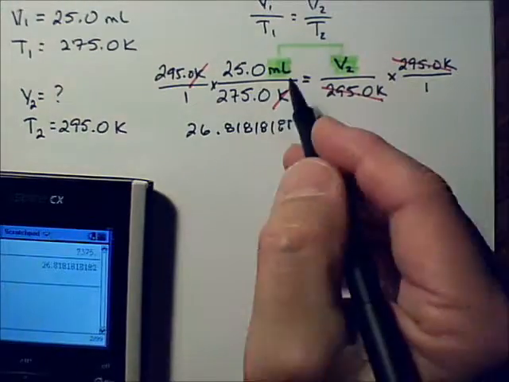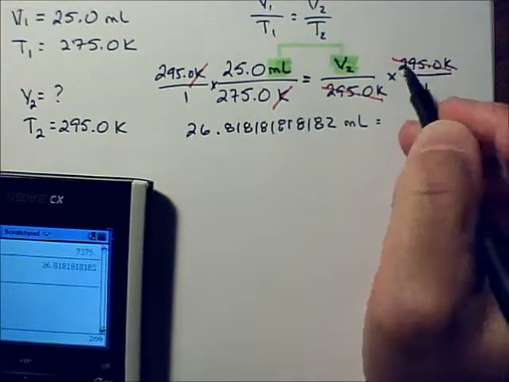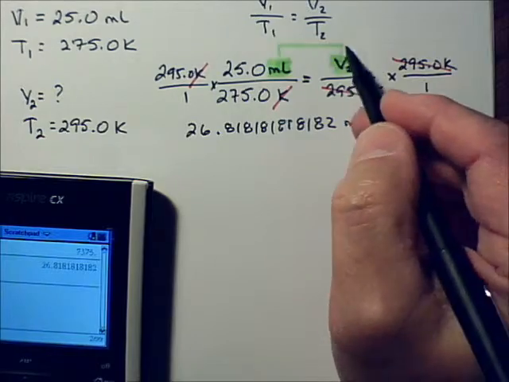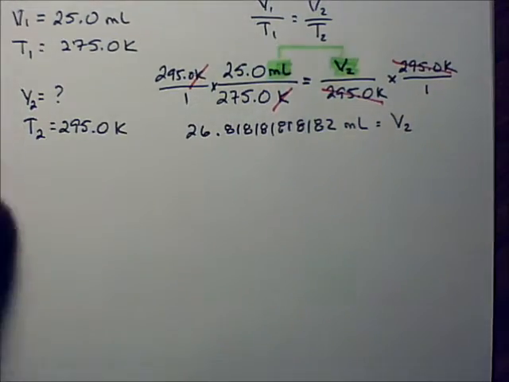The units we have left are milliliters, and the unknown we have is V2.